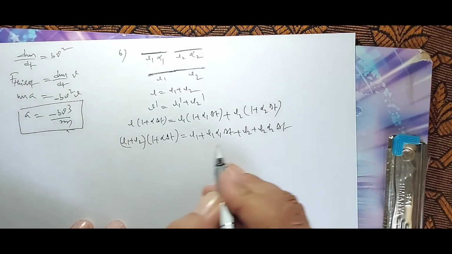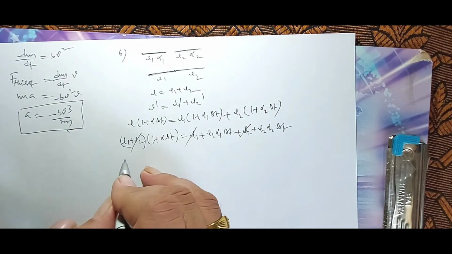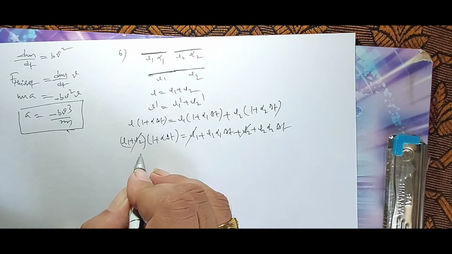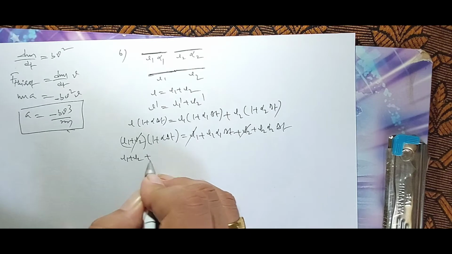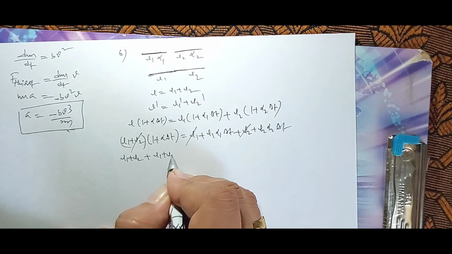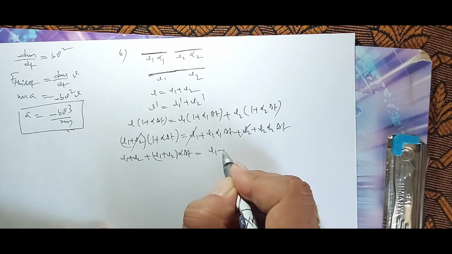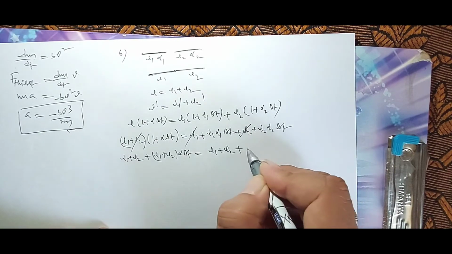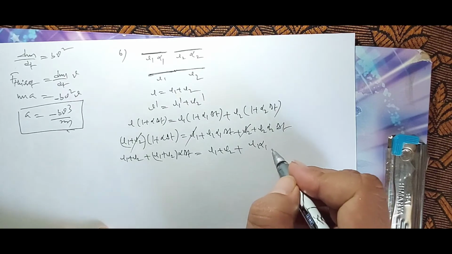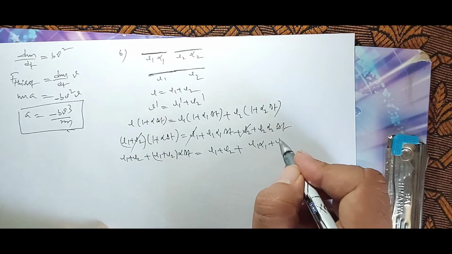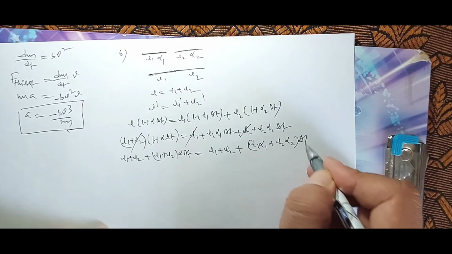Now here L1 plus L2 cancel. In another step, L1 plus L2 plus L1 plus L2 into alpha delta t is equal to L1 plus L2 plus L1 alpha 1 plus L2 alpha 2 into delta t.